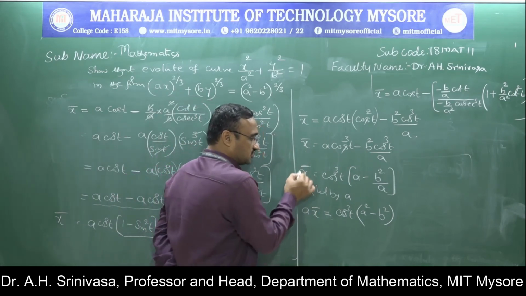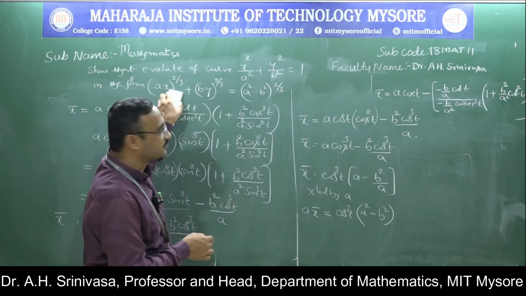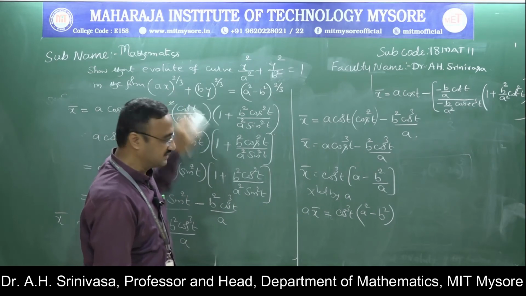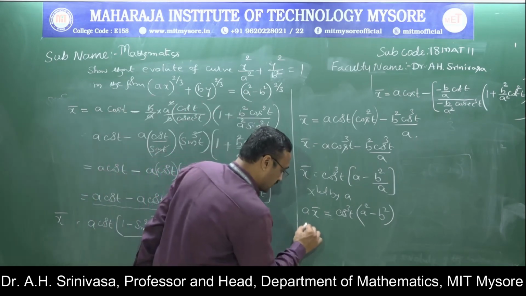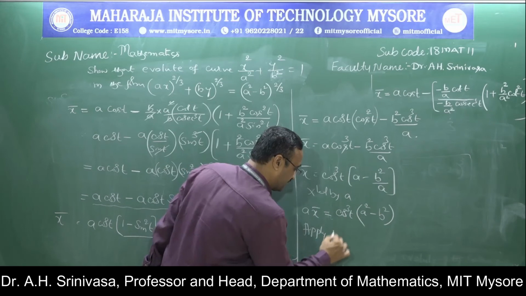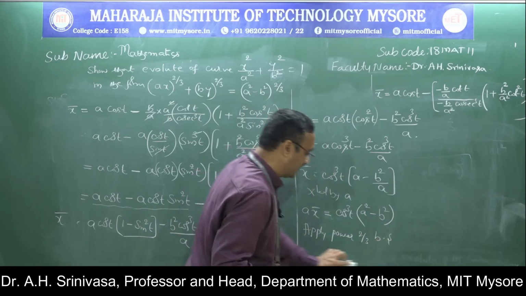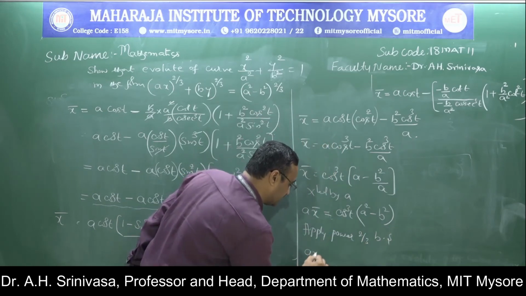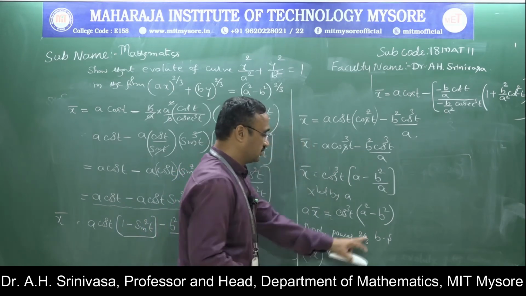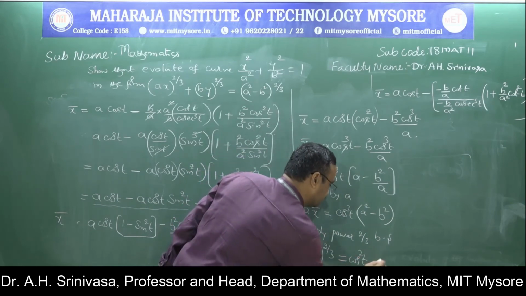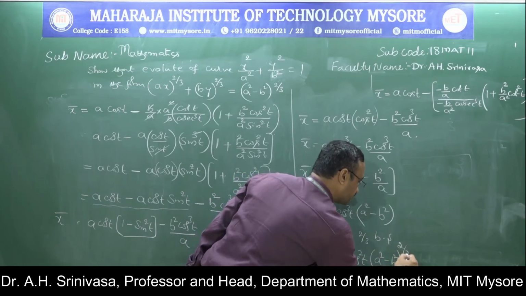So this is one of the center of curvature points, x bar. Now I am going to make a simplification as given in the problem, you have to prove like that. If I want 2 by 3, taking power 2 by 3 on both sides, if you apply 2 by 3 on both sides, it gives a x bar whole power 2 by 3 should be equal to cos square t into a square minus b square whole power 2 by 3.